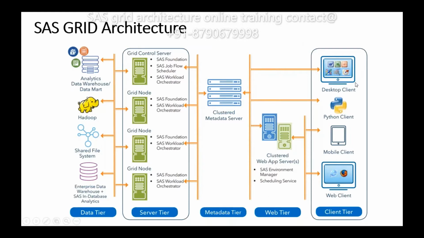I mean to say client in the sense of one business using desktop clients here. So in one business, let's say 10 users have access to use SAS. All those 10 users are connecting to either desktop or mobile or web environment and using SAS grid.